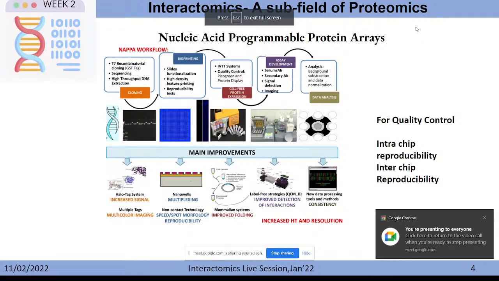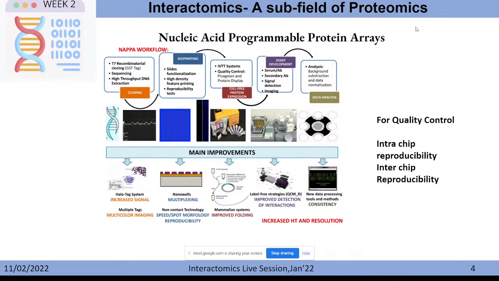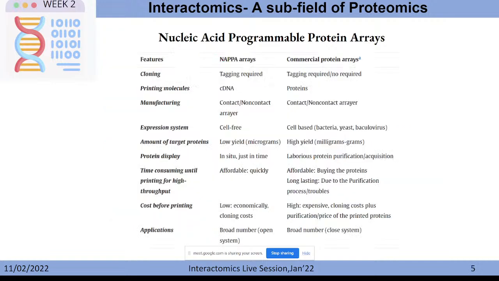This is quite important for understanding, so that you can understand: without going to any conclusion, you need to have those reproducibility checks, so that in between the spots as well as in two different slides it has been saved.